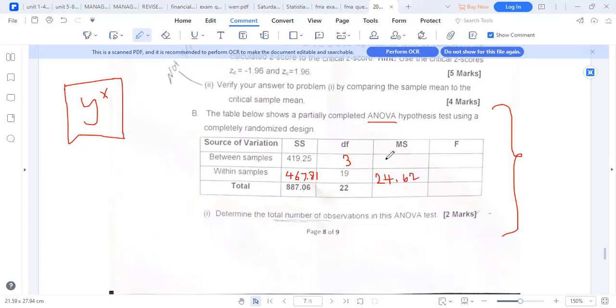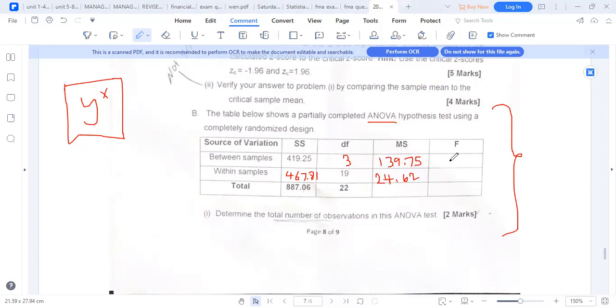And here, 139.75. Then here, how do we get the figure here?